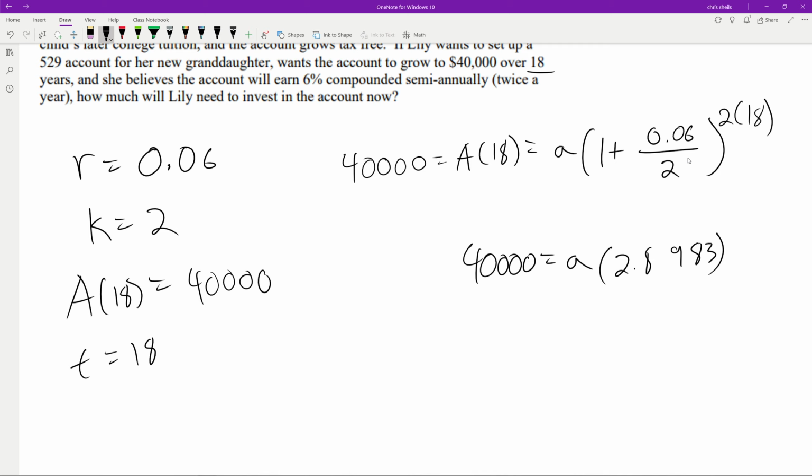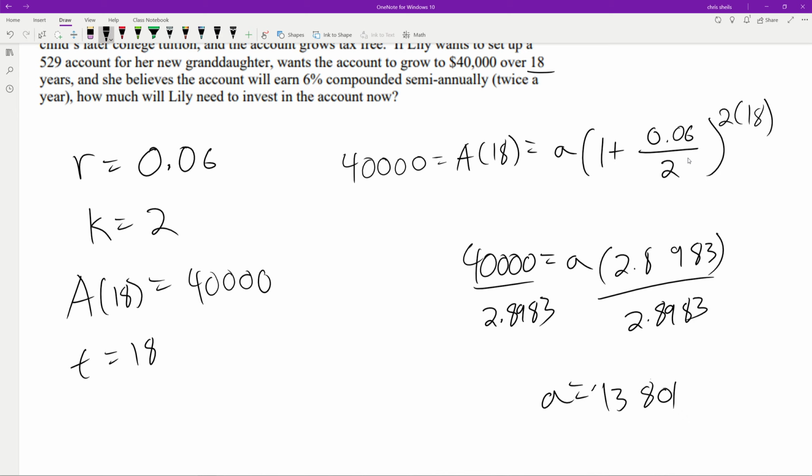And solving for A by dividing both sides by this number, I get that A, my initial amount, is $13,801. This is the amount of money that Lily should invest in the account in order to have $40,000 in 18 years.